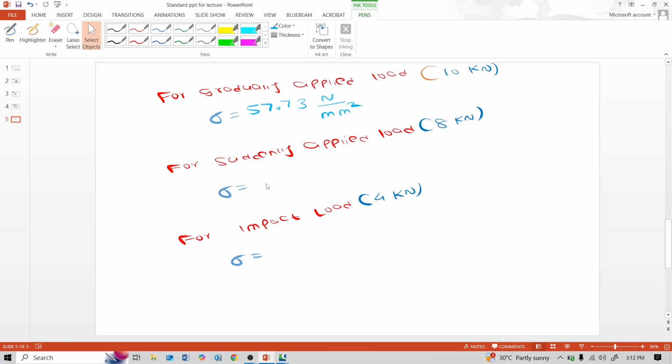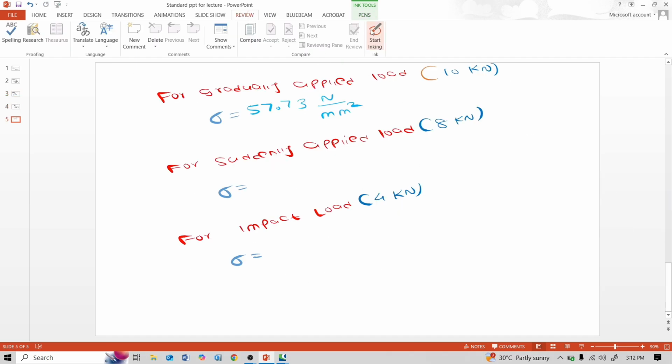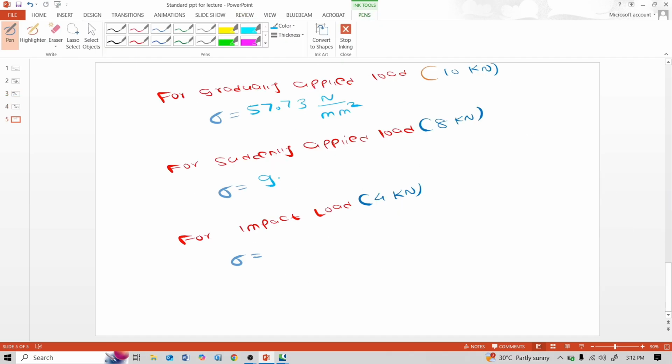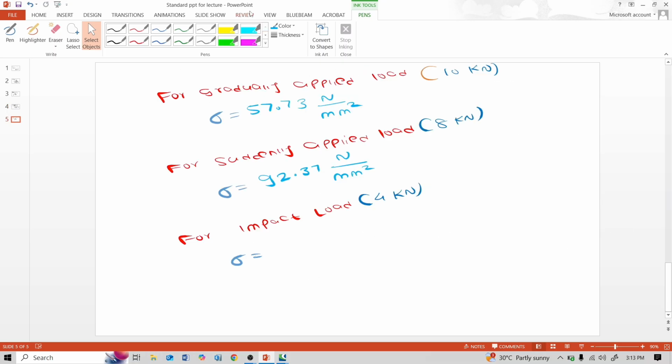The stress for suddenly applied load comes 92.37. And stress for impact load is 1382.50.